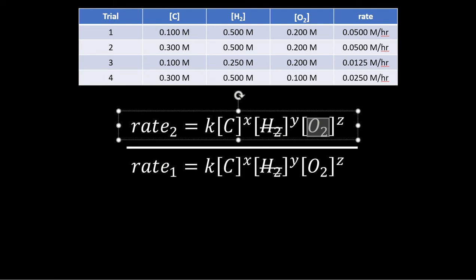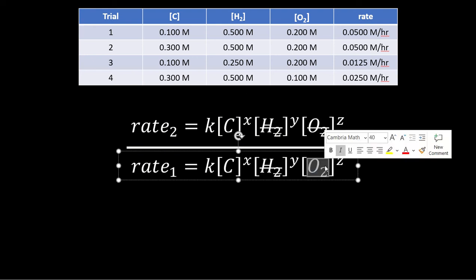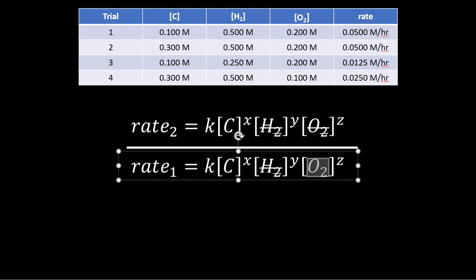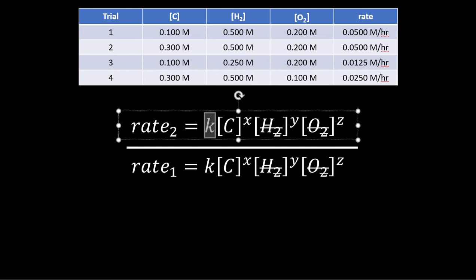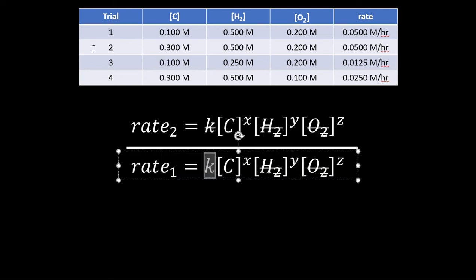We do not know their exponents, but something divided by itself just reduces to 1. So we can ignore those. Similarly, the rate constant, which we do not know yet, will also divide by itself.